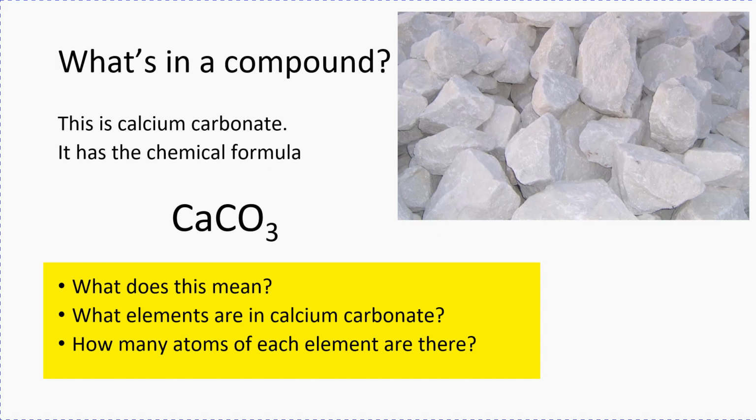Okay, so Ca, because it's a big letter and a small letter, is 1 element, and I can look that up in the periodic table, and that will tell me that it is calcium. I've then got a big C, so I look that one up again because it's 1 letter by itself, which will be carbon, and then I've got O, which is a big letter, which is oxygen. Okay, so I can identify those 3 symbols.